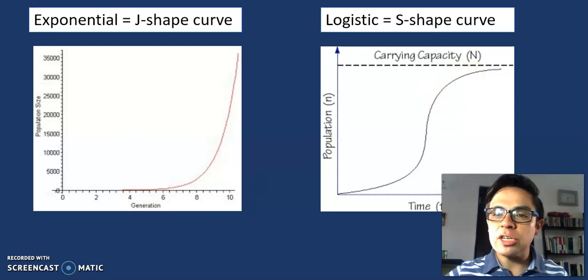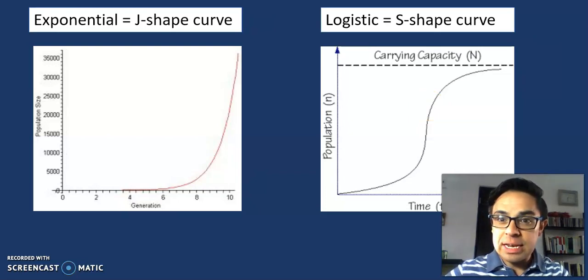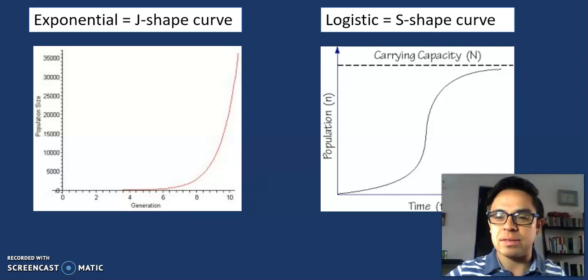Now, these populations tend to be near the carrying capacity always, maintaining high numbers and also allowing organisms to acquire the nutrients and resources they need because they are near carrying capacity.